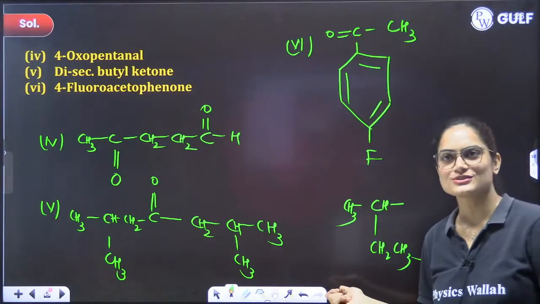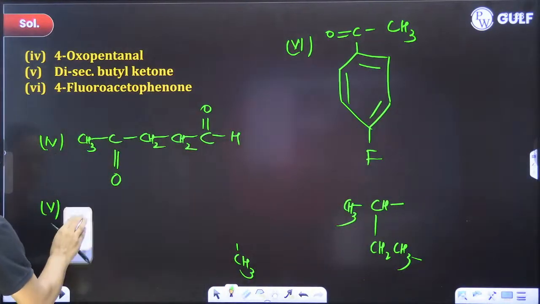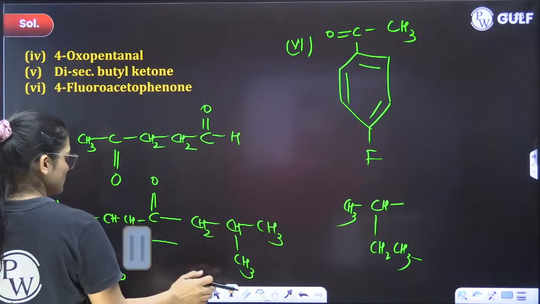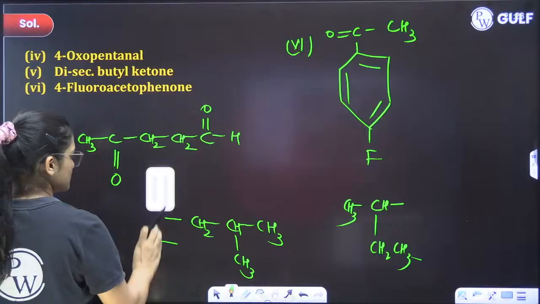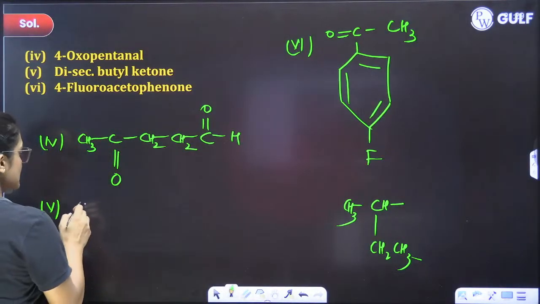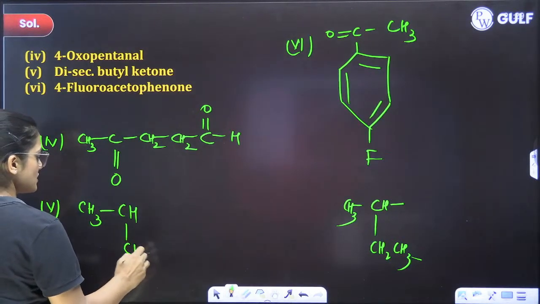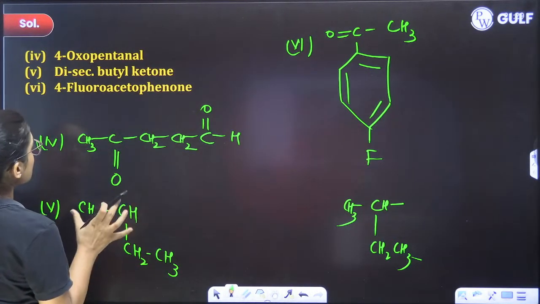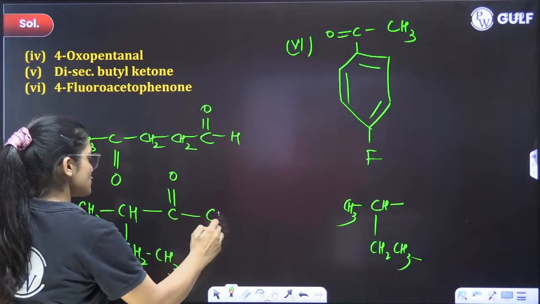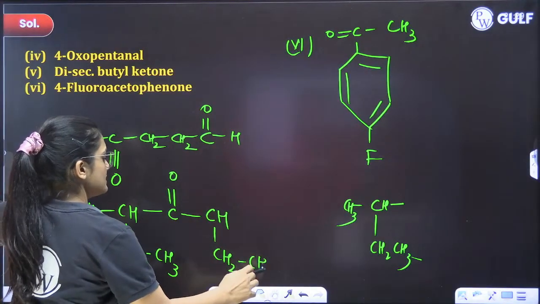Yes, guys, understood. So your structure here would be, oh, one second. This is CH3, CH2, CH3. Secondary butyl 2 times you have, so it is CH2, CH3 and CH3.